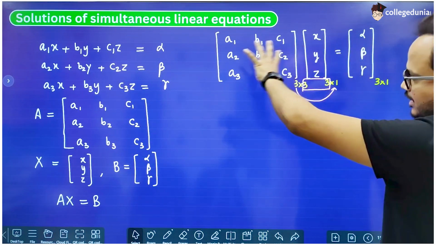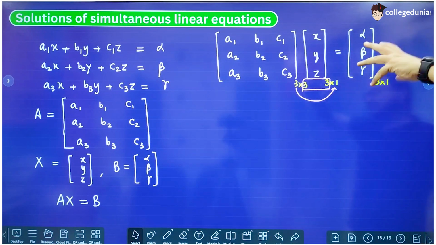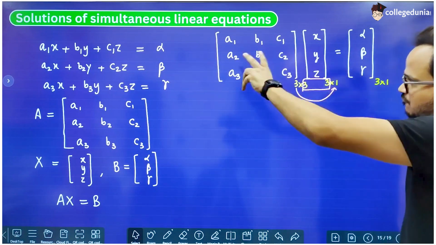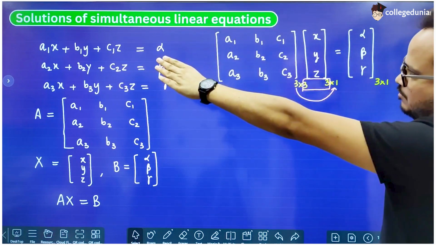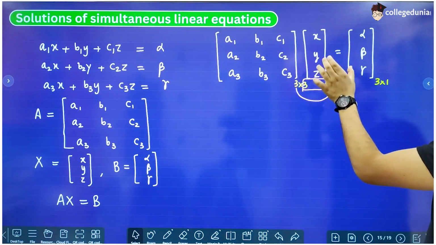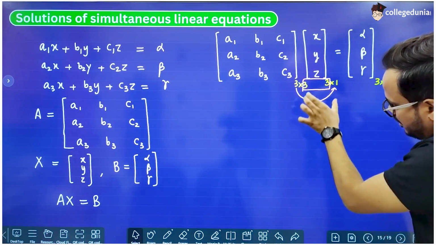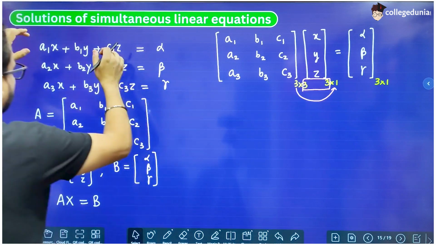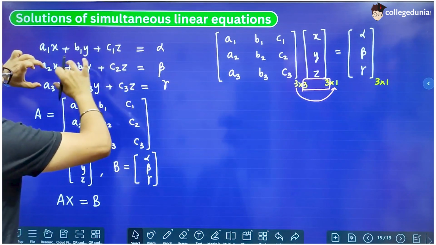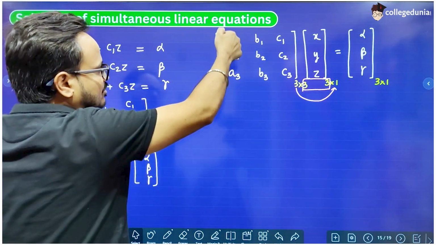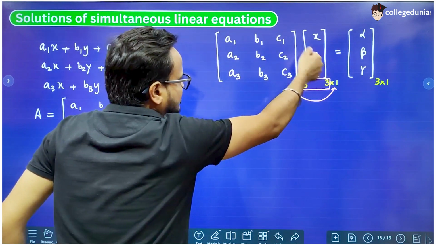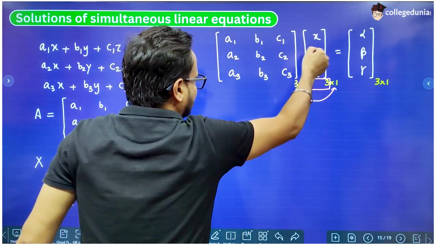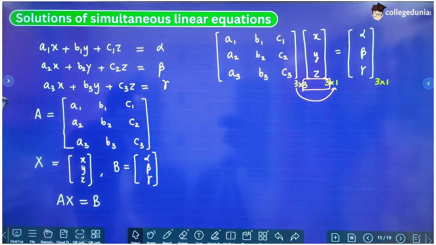Okay, so if we write it like this, first understand one thing, then we will move ahead. If we multiply it, we will get a matrix of order 3 by 1. This will be the first element, this will be the second element, this will be the third element, because first element will be A1x plus B1y plus C1z, second is A2x plus B2y plus C2z, third is A3x plus B3y plus C3z, right?